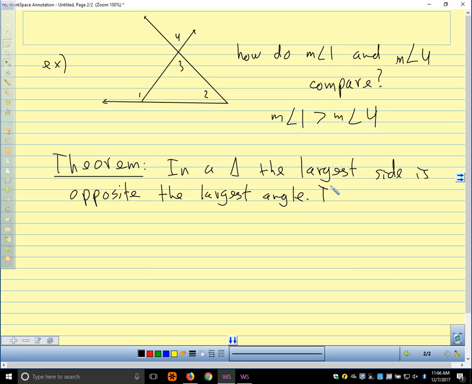The medium side is opposite the medium angle. And the smallest side is across from the smallest angle.